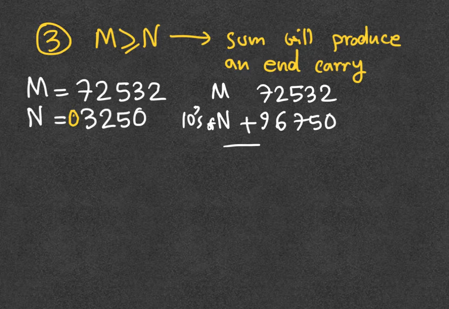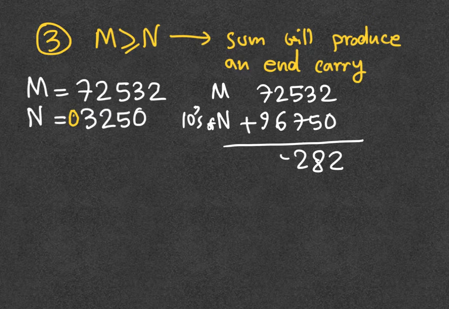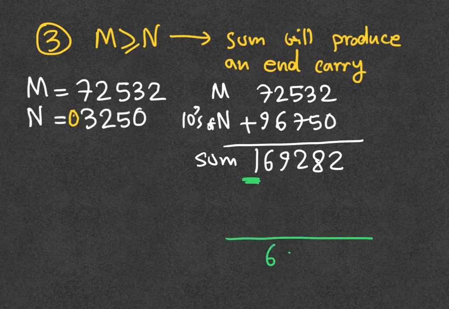You just add these two. So this is your sum. You can see now you have a carry. Okay, you can discard the carry, and the answer is going to be this. So you just discard the carry and you get the answer.